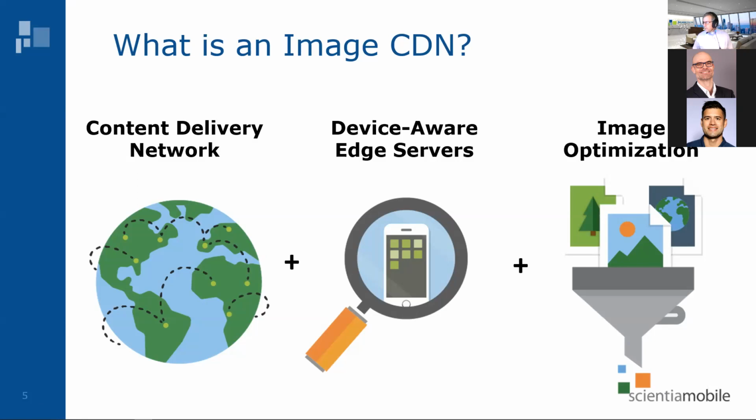And finally, the third element that you need for an image CDN is the image optimization itself. An image CDN will leverage the device detection that it's receiving and automatically resize, compress, and convert large original image files into an optimized image and deliver it using those next generation file formats like WebP or JPEG 2000.